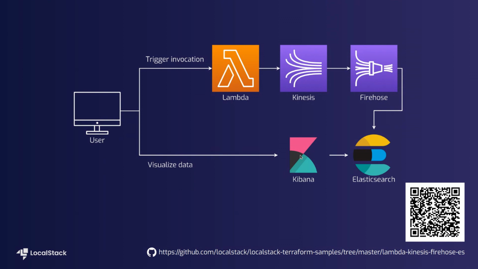This Kinesis stream is the source for a fire hose, and the fire hose basically has the destination Elasticsearch, which is also created in AWS. And basically what that means is that when we go to the browser, we trigger the invocation of the Lambda, the data will end up in Elasticsearch. And in the end, we're going to take a look at it in Kibana.